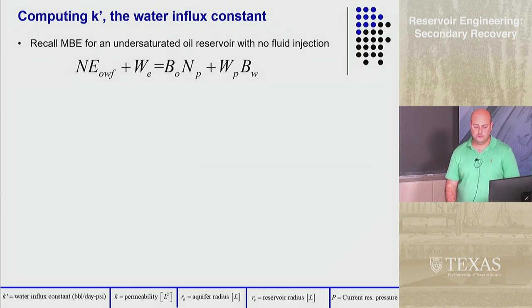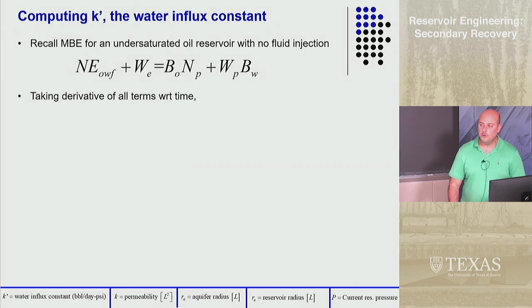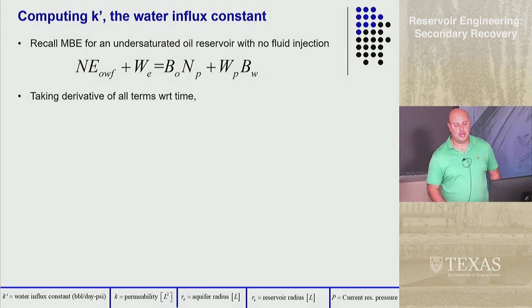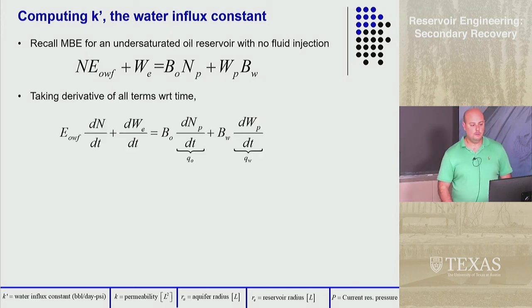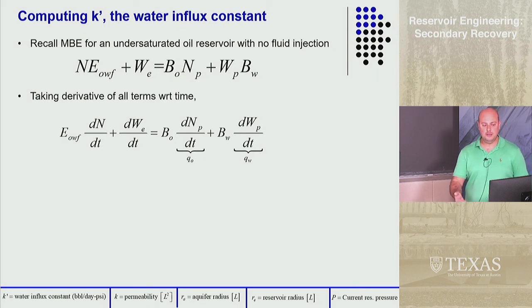WE is the cumulative water influx, and then the right-hand side is the oil and water produced multiplied by their formation volume factors. If we take the derivative of all terms in that equation, what we get is EOWF dN/dt plus dWE/dt equals BO dNP/dt plus BW dWP/dt. So we just took the derivative of all terms there.